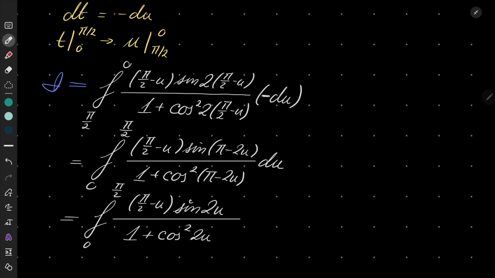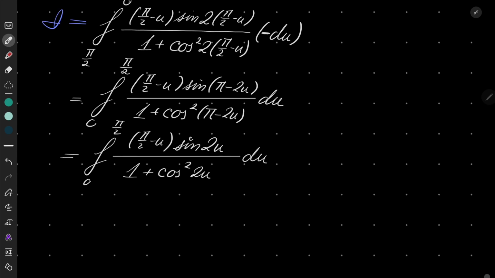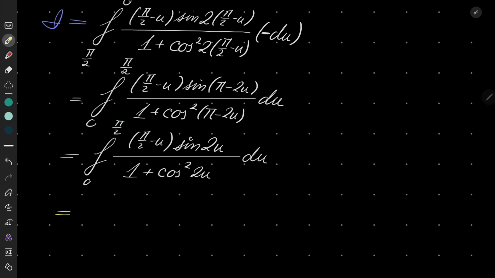Well, it's minus cosine of 2u, but we have a square, so the minus vanishes. And remember that this is just a number, so the name of a variable doesn't really matter. So I can change back from u to t.